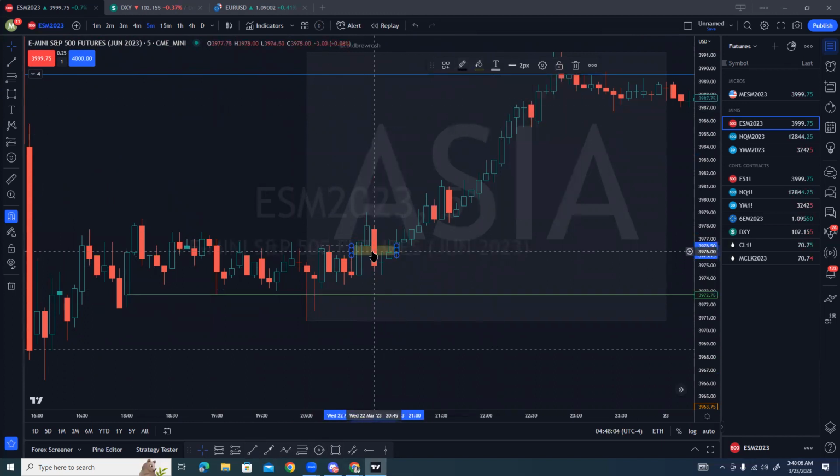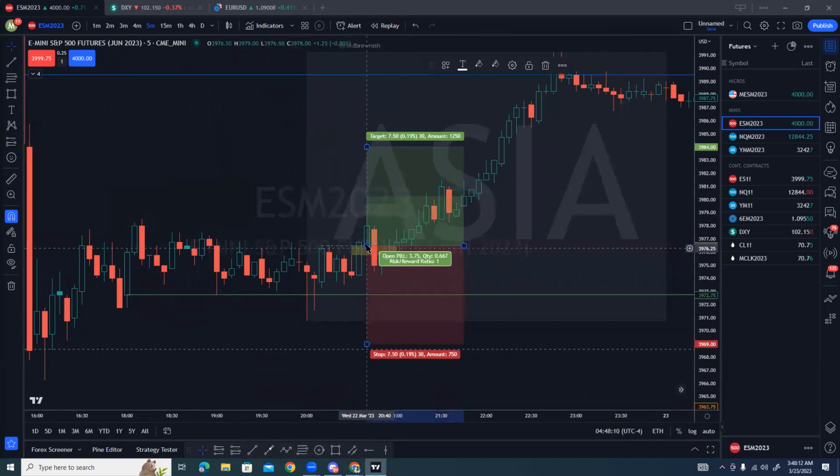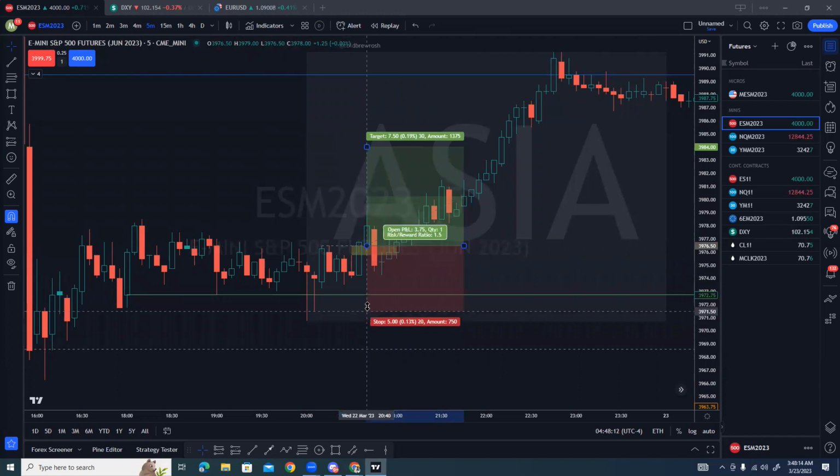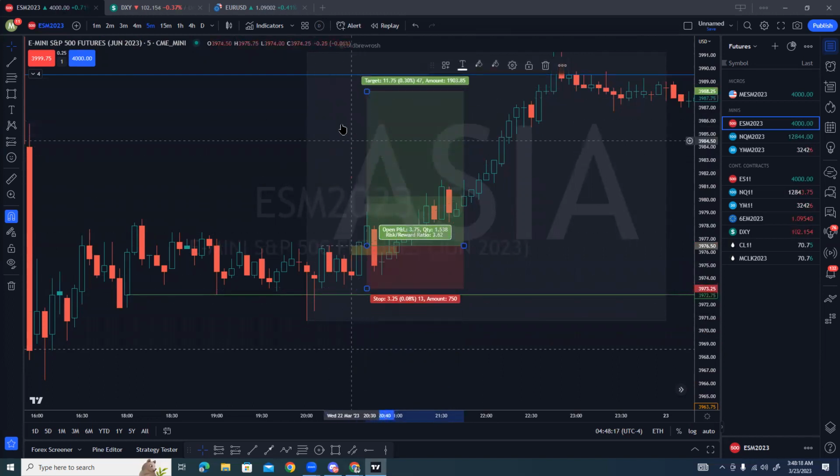And he'll trade this candle. He'll trade the beginning of it, his stop will go below the structure, and he'll pick out his targets. That's the only thing he trades.